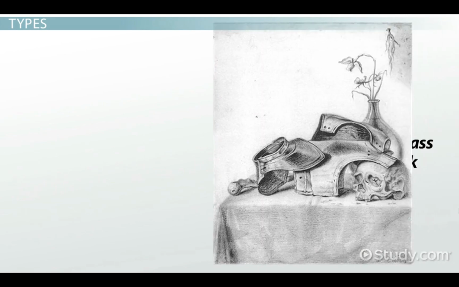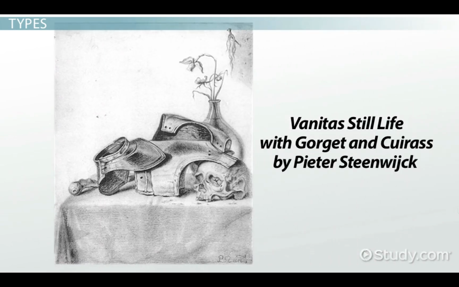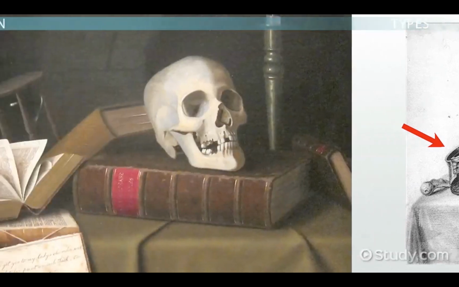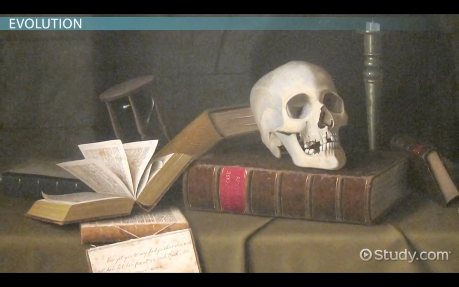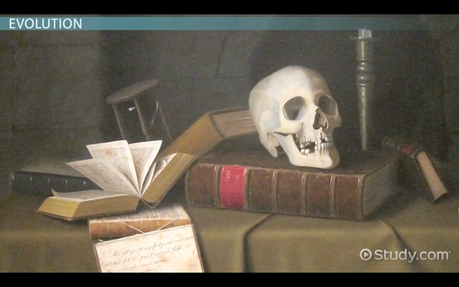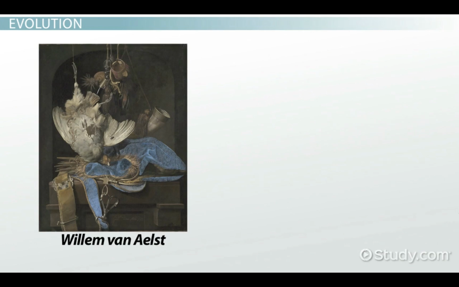Like Willem van Ast's still life, Peter Steenwich created a similar effect for the viewer in his Vanitas Still Life with Gorget and Quiros. In addition to armor and a skull, he included a wilted flower, definitely a symbol of impending death.